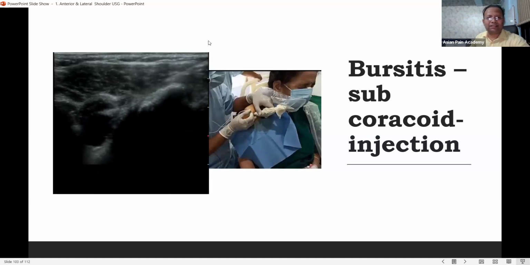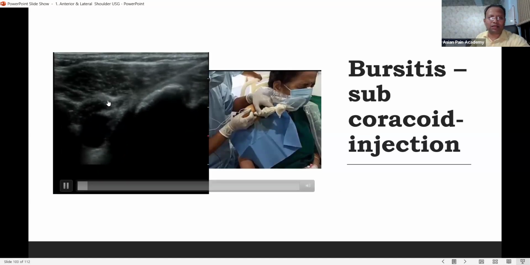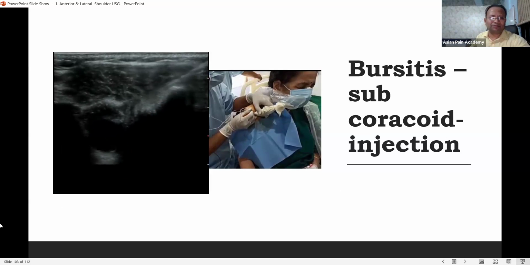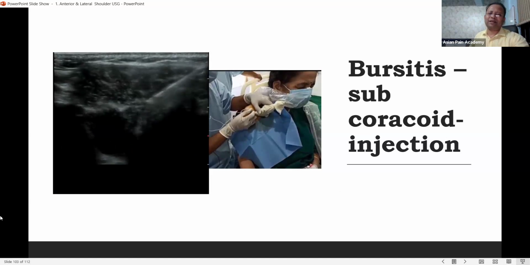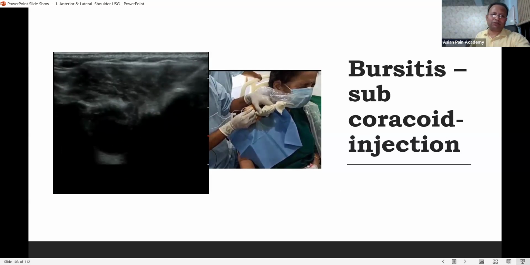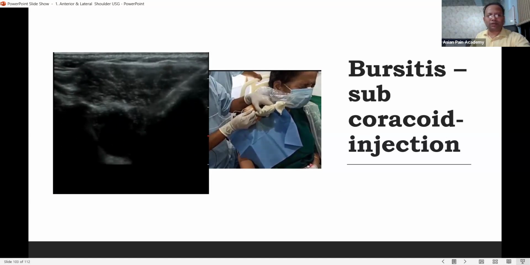So we are doing a procedure in the subcoracoid bursa. In any bursa, you can go inside, aspirate and give steroid, no problem. Bursitis is an acute condition, and if you give steroid, the patient will become better.